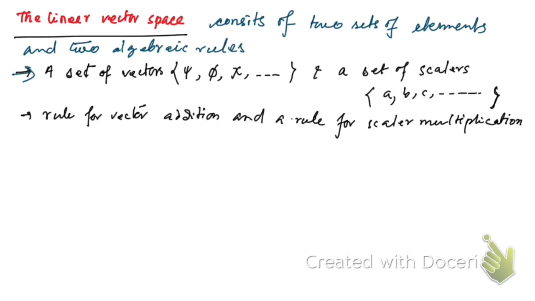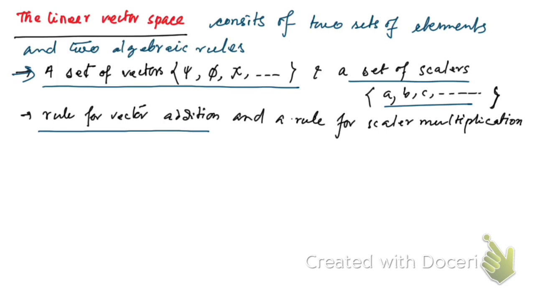Those are a set of vectors and a set of scalars, and the two rules of vector addition and scalar multiplication. Okay, so we're going to discuss the rules. Here, when we say set of vectors, let me give you an example.